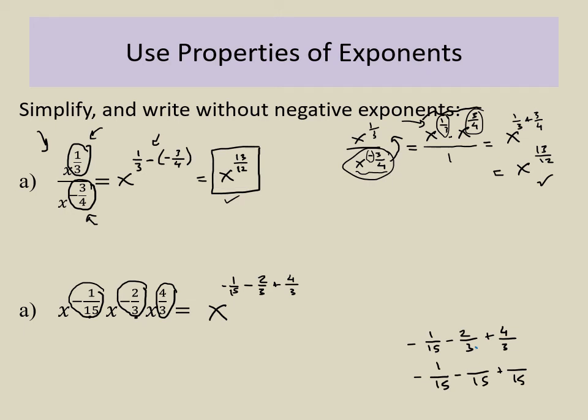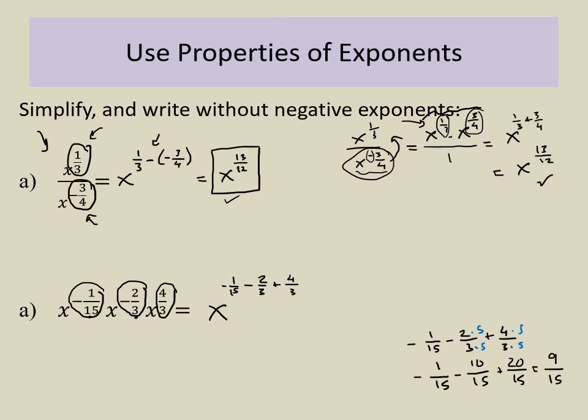We need to multiply it by 5, top and bottom. And the third one, we also need to multiply it by 5, top and bottom. So that's going to be 10 over 15, and that's going to be 20 over 15. So what does that give us? So now we have -1 minus 10 plus 20. So that gives us positive 9 over 15.